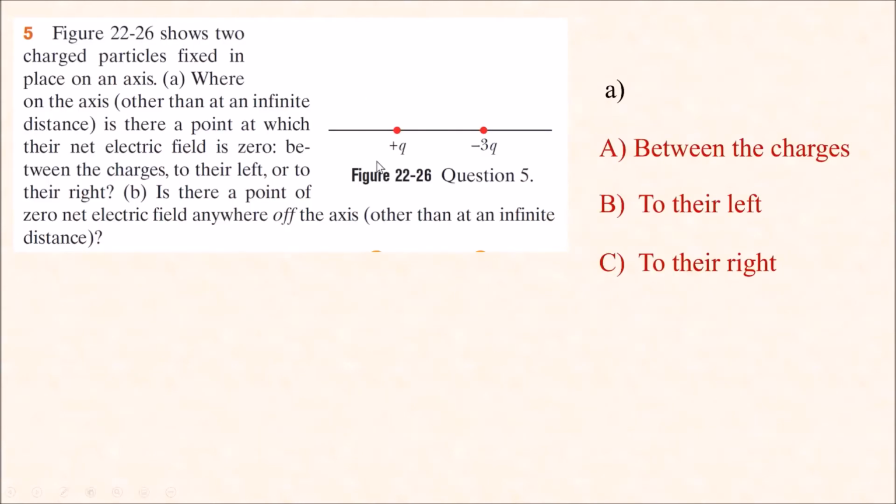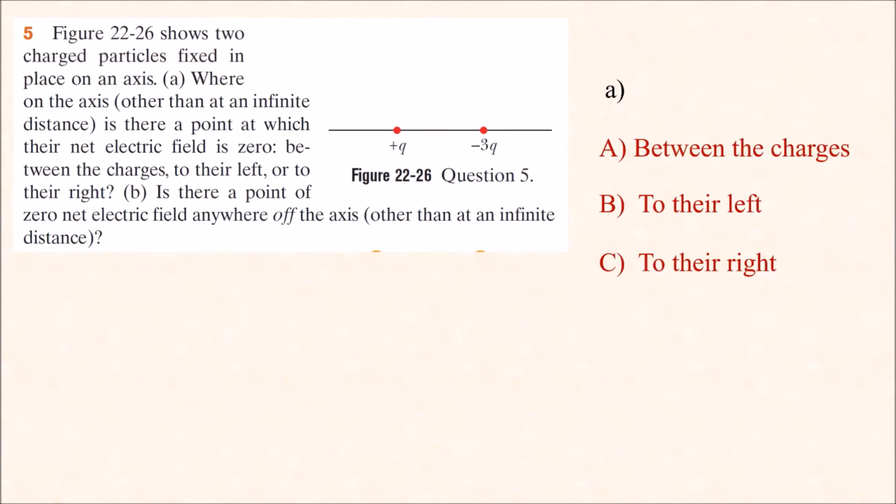This is similar to one of the problems that we did before in chapter 21. There's a positive charge Q here and negative 3Q here, and it asks where on the axis is a point at which their net electric field is 0. Is it between the charges, to their left, or to their right? There are two things to consider when you want to answer something like that.